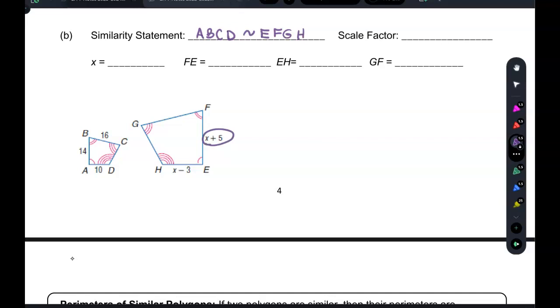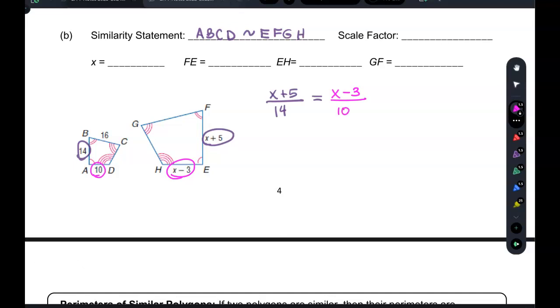You can go back to the order of the letters if you need. EF is the same as AB. Remember, this is all turned around. So x plus 5 corresponds to 14. And then x minus 3, HE, corresponds to AD, which is 10.